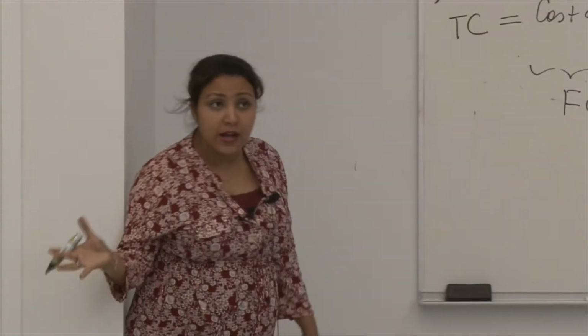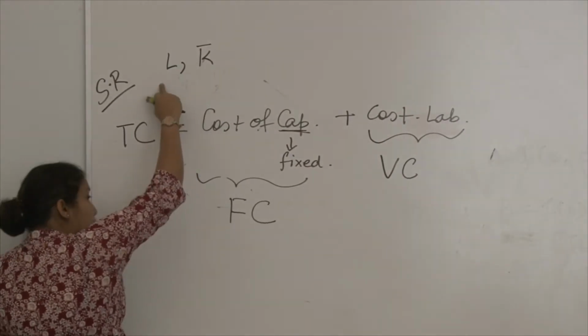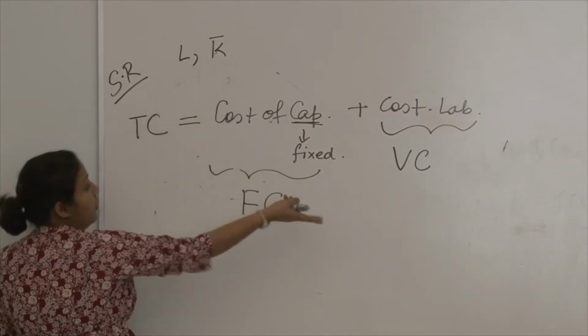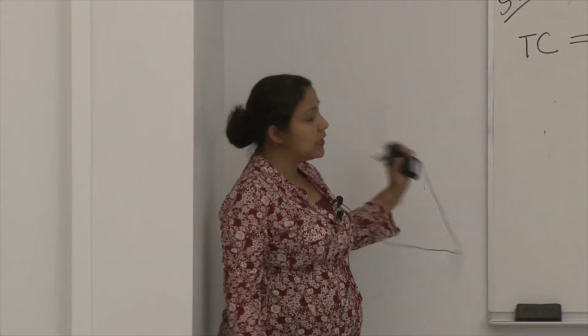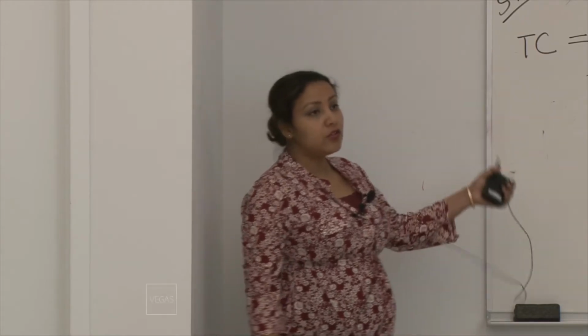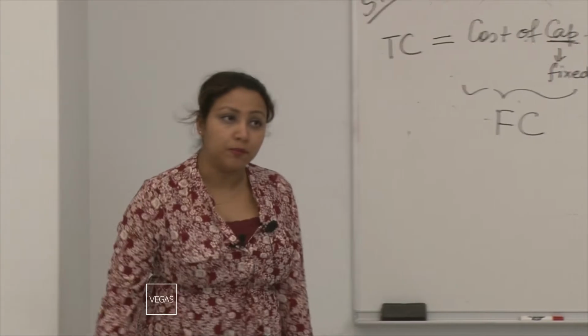Similarly, given that labor is the variable input, the cost of labor is the variable cost. Now, if there was interchange, if I considered labor to be fixed and capital to be variable, then that would also change. Okay. So variable cost is the cost of the variable input. In this case, labor is the variable one. Fixed cost is the cost of the fixed input. In this case, capital is the fixed one. Okay.